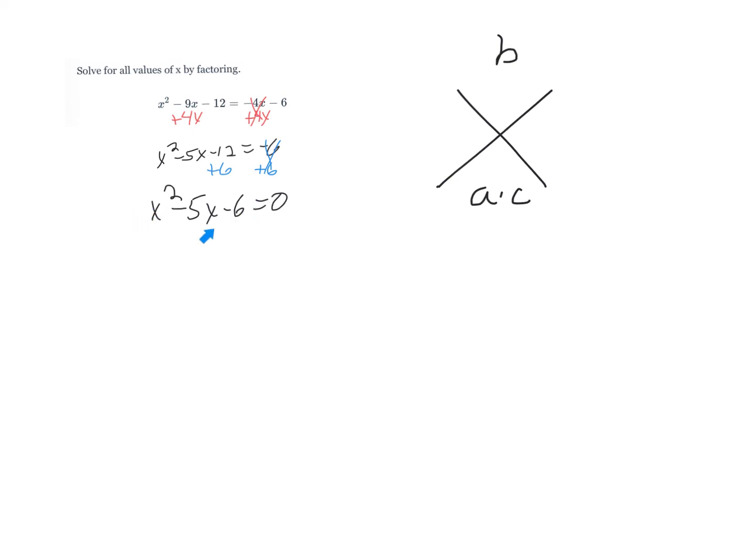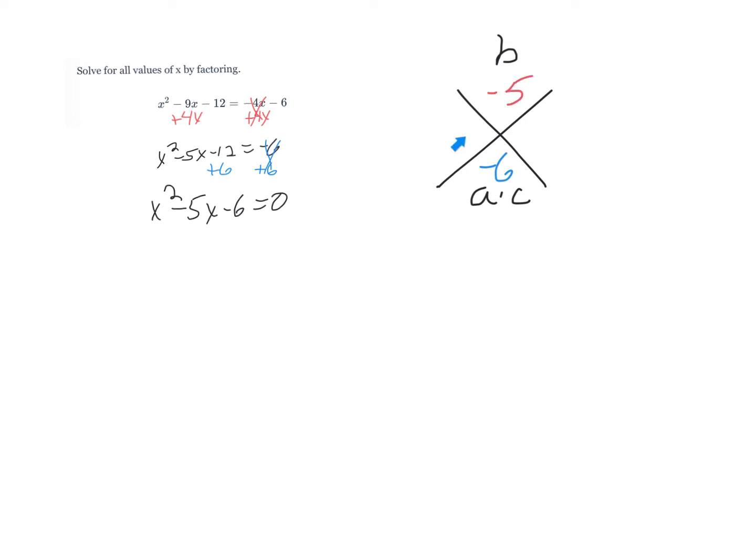So in this one, we have a times c, so 1 times negative 6, that's negative 6. Actually, I'm going to put that down here at the bottom. So negative 6, and they need to equal negative 5. So I'm going to write that up here, negative 5.